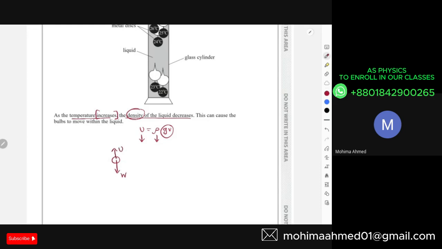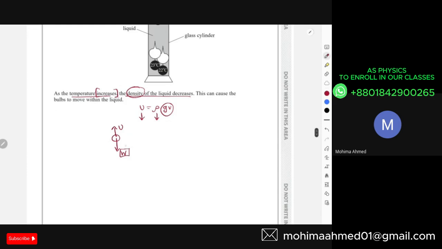Weight is always constant, but depending on the value of your upthrust, the motion of the glass bulb can happen. So what will happen? At a higher temperature, when the density is lower, your upthrust is also smaller, right?